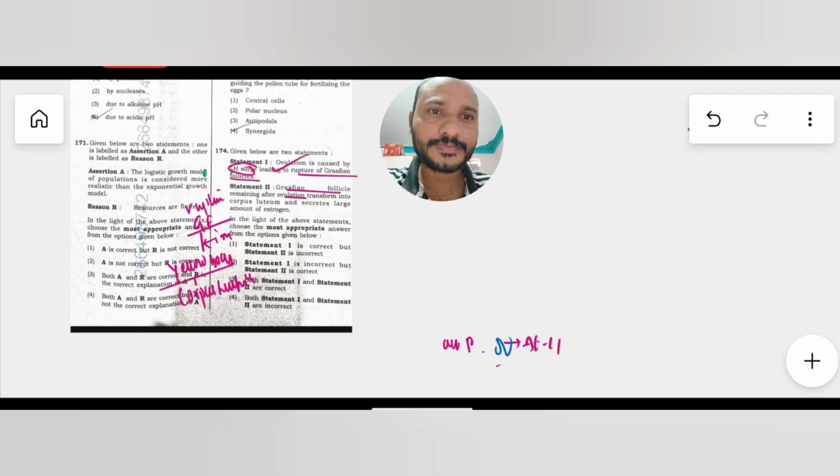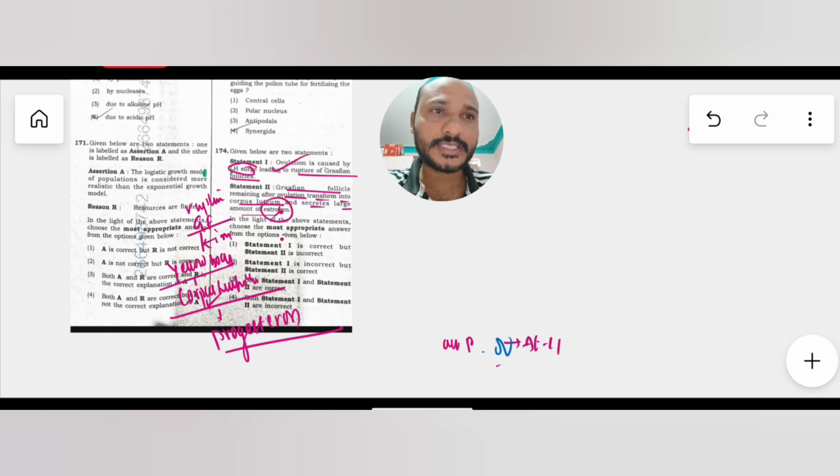Just now we discussed the corpus luteum, and the Graafian follicle remaining after ovulation transforms into the corpus luteum, and this corpus luteum secretes a large amount of what? Just now we discussed, that is progesterone. It secretes a large amount of progesterone, but in the question they are asking estrogen.